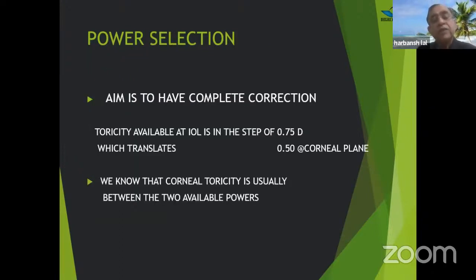As far as the power selection is concerned, the aim is to have complete correction now, not what happens to the patient after 5 years, whether it turns against the rule or not. But the problem is that the toricity available in the IOL is in steps of 0.75, which translates into 0.5 at the corneal plane. We know that the corneal toricity is usually between the two available powers.